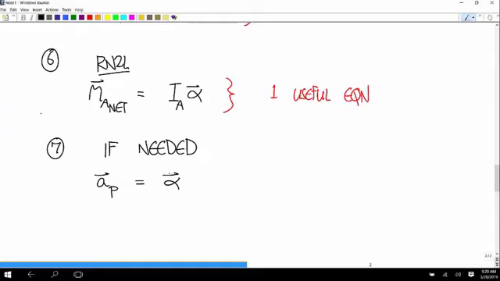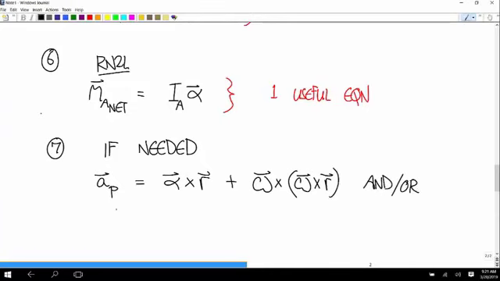So if we're trying to calculate the acceleration at some point other than the about point, we use the relative motion equation.